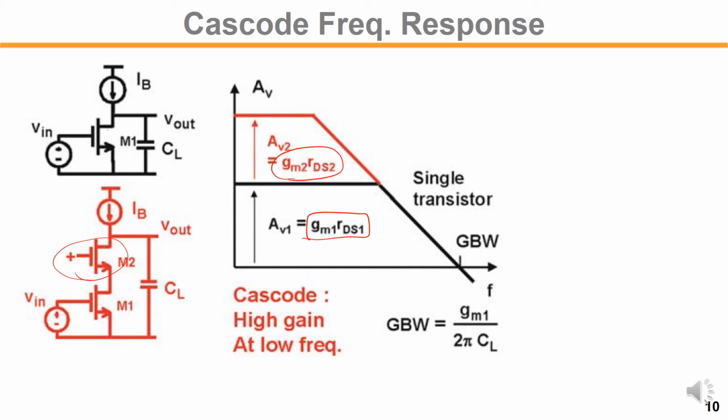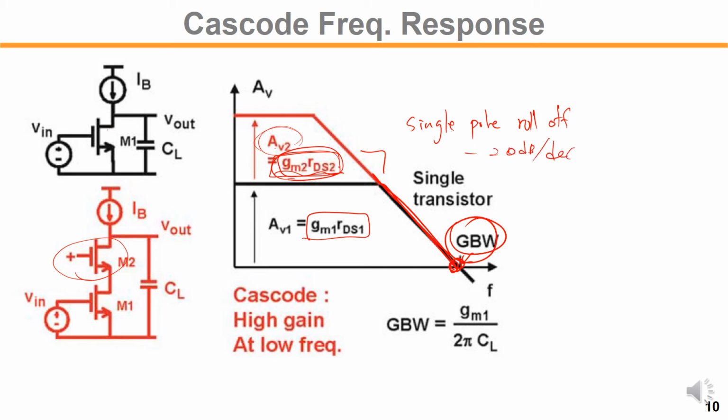So the gain boosting is done by that much, but the GBW shown here doesn't change. So this single pole roll off is maintained, minus 20 dB per decade. Okay.